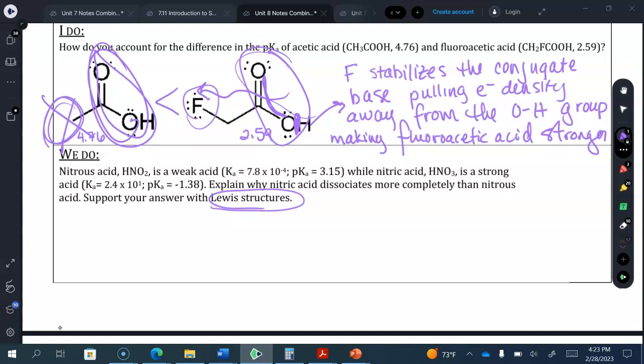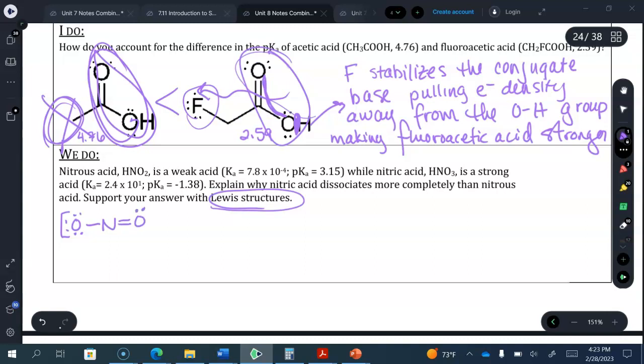So if we draw for nitrous acid, right? And I'm actually going to draw just the nitrite compound. So we have this one. So after it gives up the proton, and because it's got this double bond, I know that I have resonance.